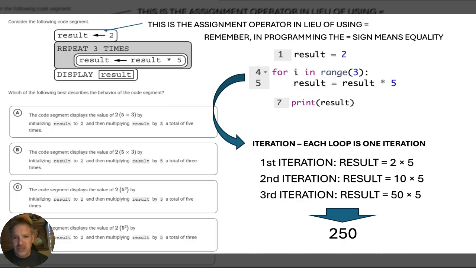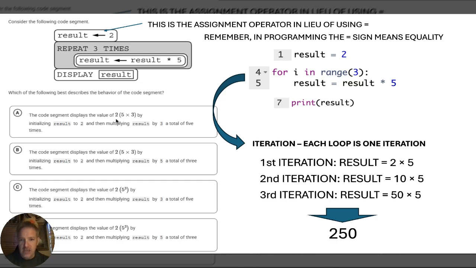But is that what the question is asking? Is it asking what the output is? No. The question is asking which of the following best describes the behavior of the code segment. So A, B, C, D. When I have a multiple choice question, I like to see what's the same about them and what's different.